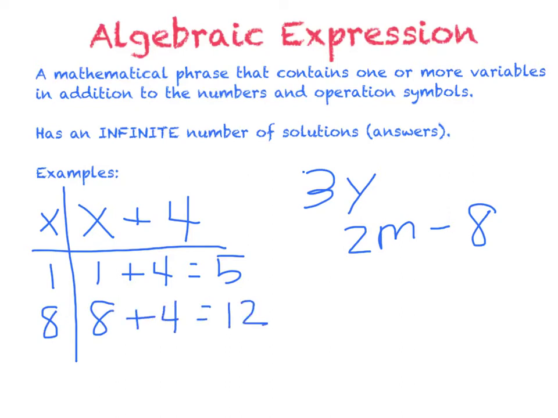If I thought that x should be 2.5, I would do 2.5 plus 4 equals 6.5. Notice with each of the different values I choose for x, I'm going to get a different result. And that's where the idea that I have an infinite number of solutions or answers comes from.